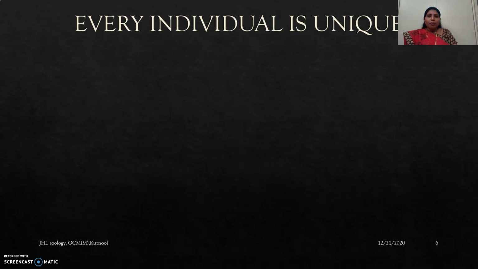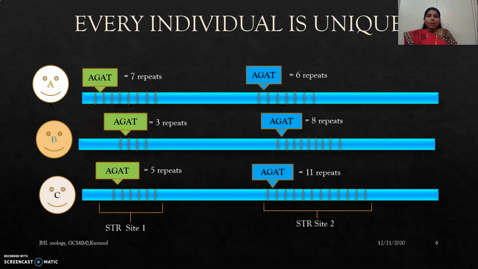So we know that every individual is unique. By seeing this slide, you can confirm it. See, in this slide, there are 3 individuals A, B, C. In their genome, there are some base pairs which are arranged repetitively. These are very short sequences, AGAT, AGAT, AGAT. This AGAT is common, but the number of repeats at the site differs in each individual.